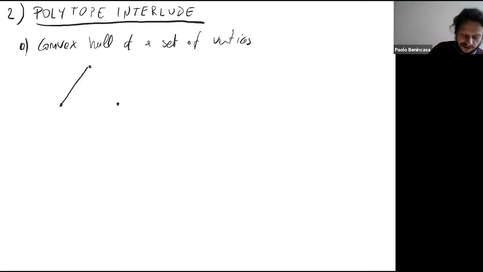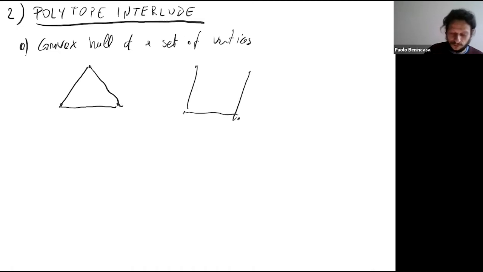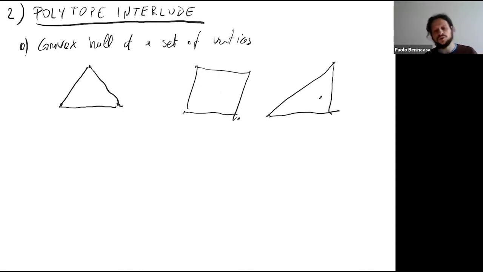In this case, there is just one possibility, which is this one. For example, if I have 4 points like this, you have a square. If I have 4 points like this, you are taking the convex hull, so you will still have a triangle, and one of the points will be internal.